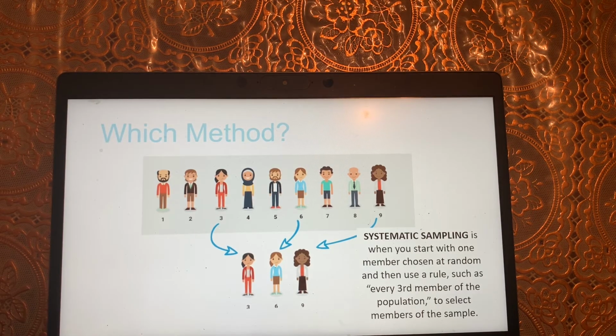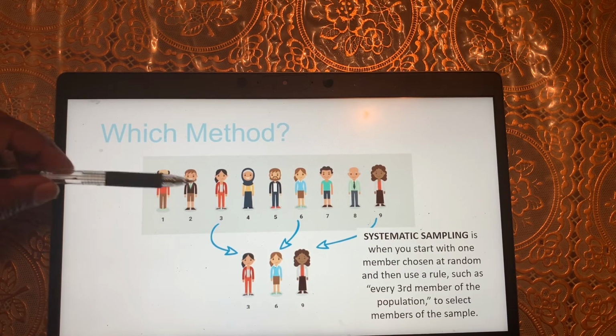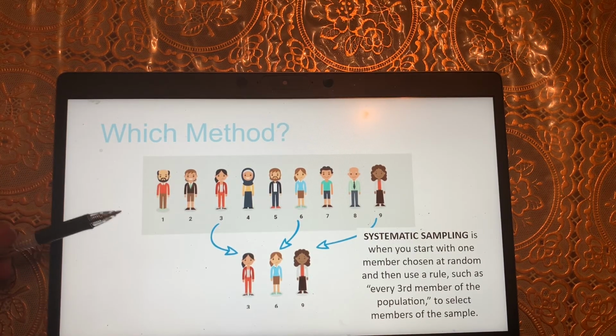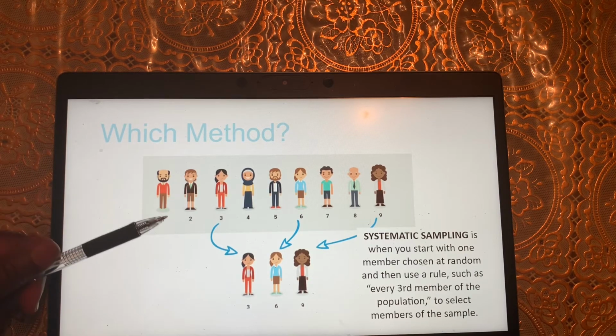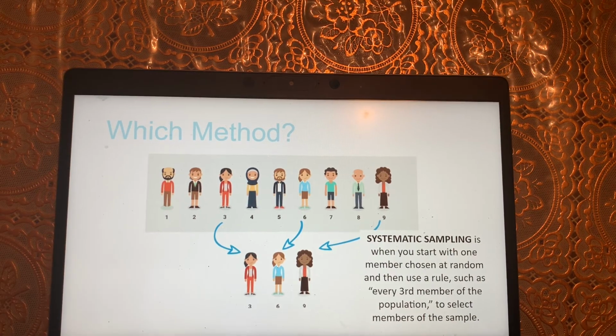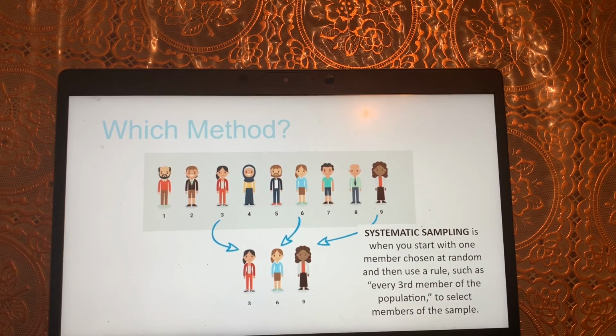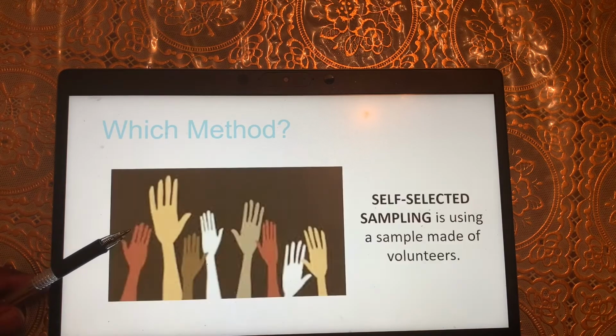I don't have to consider all the people. If I have 1,000 people and take every 10th person, it will be only 100 people out of 1,000 considered as the sample in systematic sampling. So this is one way.